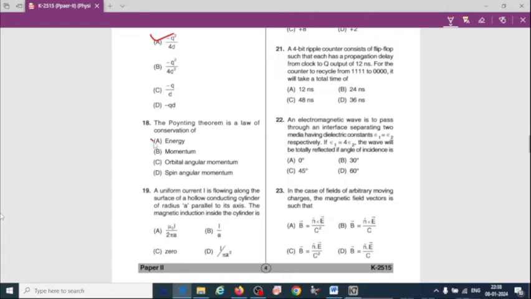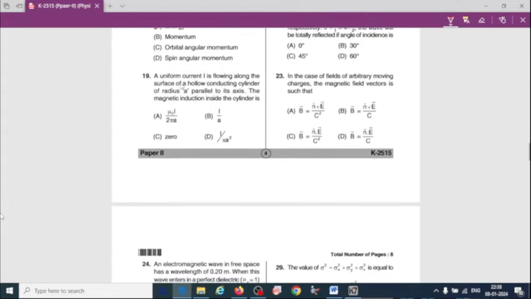Option A, conservation of energy. A uniform current I is flowing along the surface of a hollow conducting cylinder of radius A parallel to its axis. The magnetic induction inside the cylinder is, option C, that is going to be 0.